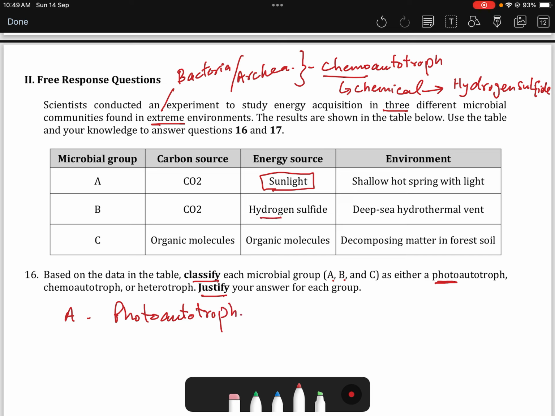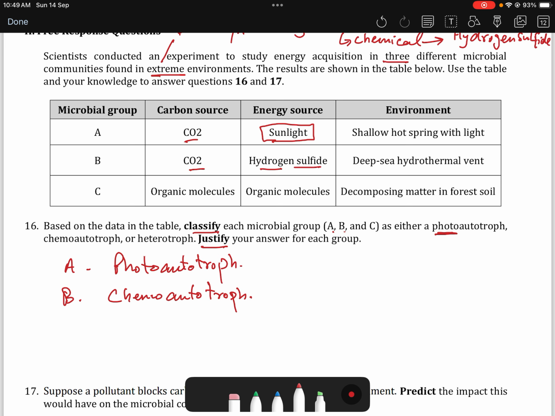B, they use hydrogen sulfide, so you know very well it is a chemoautotroph. And what's the reason? They use chemical energy, okay, that is H2S, and also they use CO2. Same here, they use sunlight and also CO2.